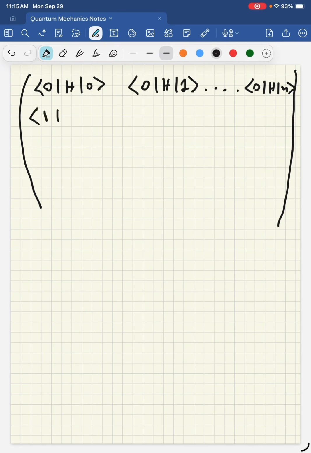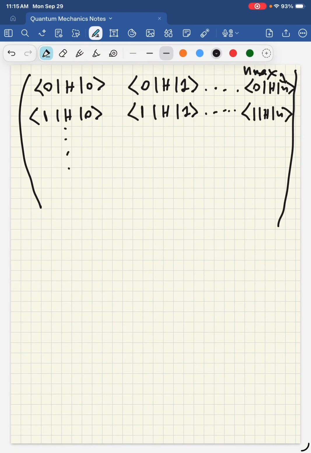Then this is 1 H 0, 1 H 1, and here is 1 H n, and by the way, this n should be n max. Remember that we use a cutoff in our wave function, so this element here is going to be n max H 0, and this is also n max.